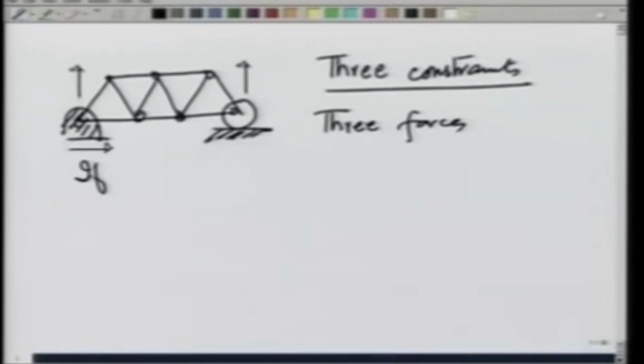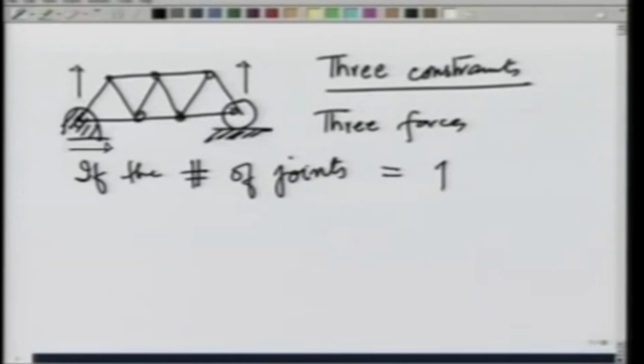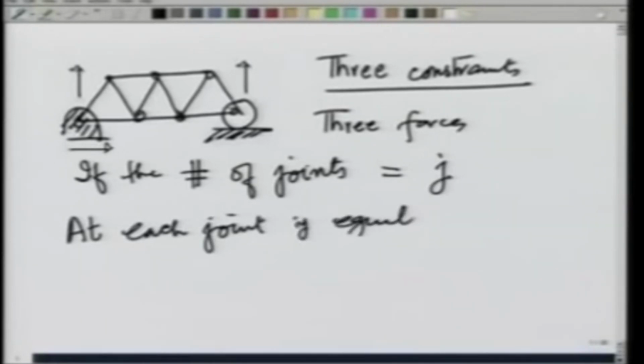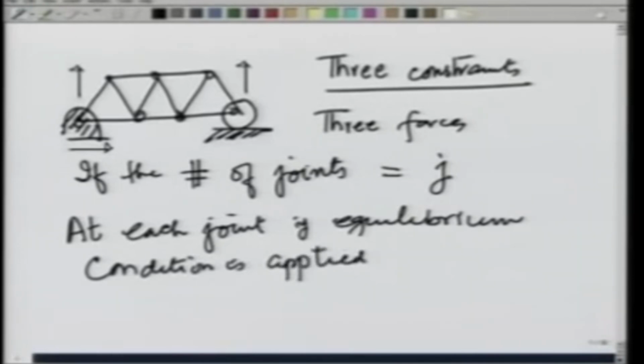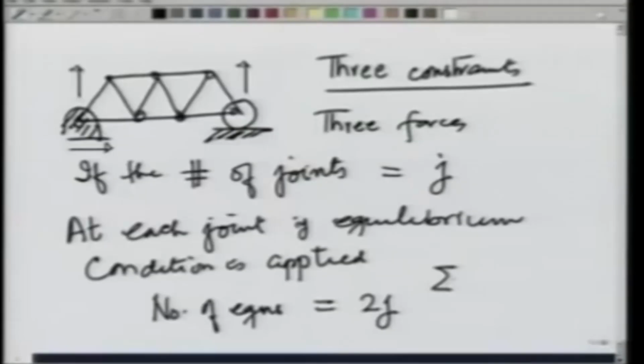And then if the number of joints is equal to j, then at each joint, if the equilibrium condition is applied, we have the number of equations equal to 2j, because at each joint, since it is a point, there will be only 2 equations, summation Fx equals 0 and summation Fy equals 0.